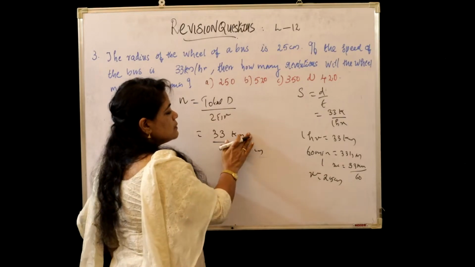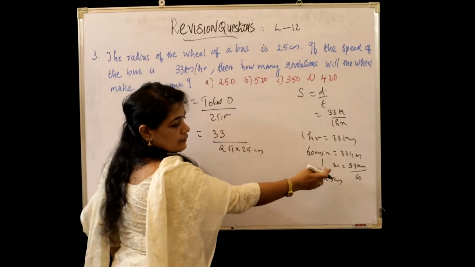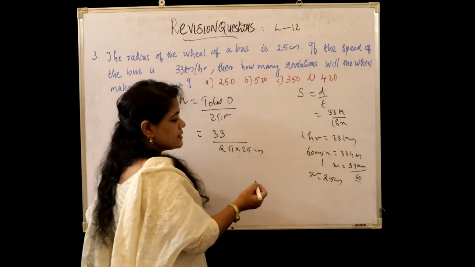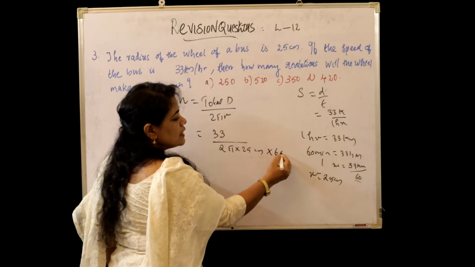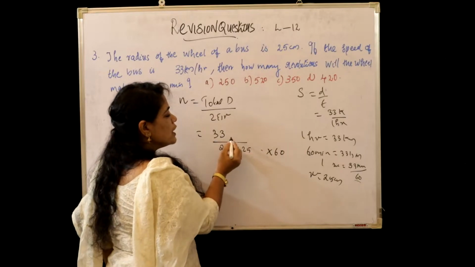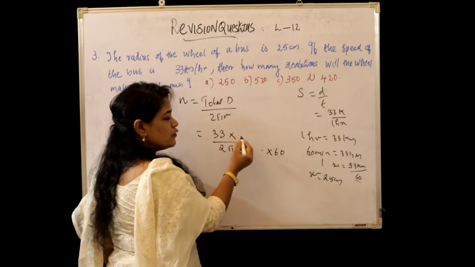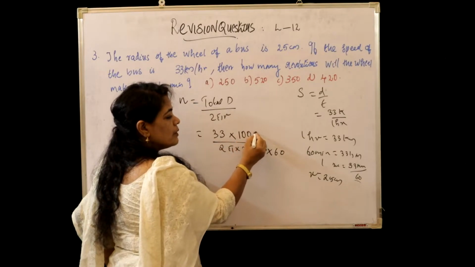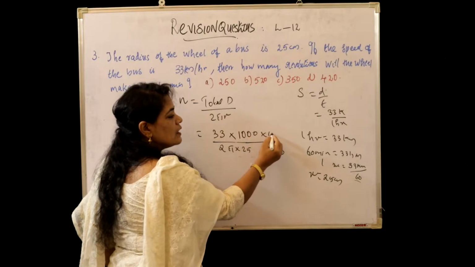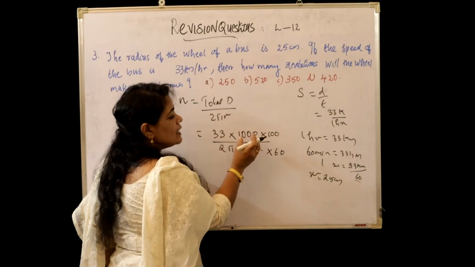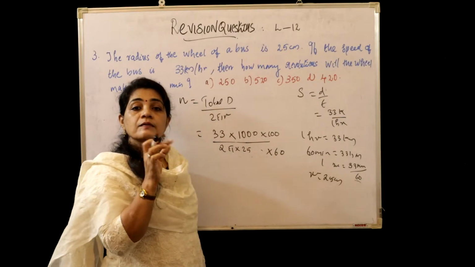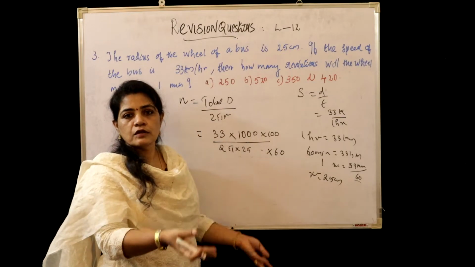So here it comes, and here the distance is divided by 60, so 60 comes in the denominator. So I am going to convert this kilometer first into meter by multiplying with 1000 and then with 100. Then this entire 33 kilometer becomes centimeter, and radius is also in centimeter.